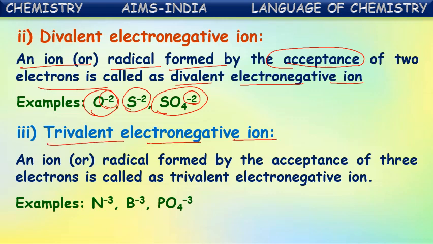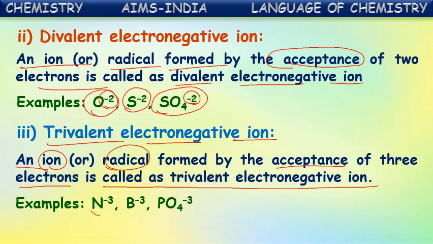Trivalent electronegative ion. An ion or radical formed by the acceptance of 3 electrons is called a trivalent electronegative ion. Example, N minus 3: nitrogen has gained 3 electrons, that's why it gets a minus 3 charge. So it is trivalent electronegative.